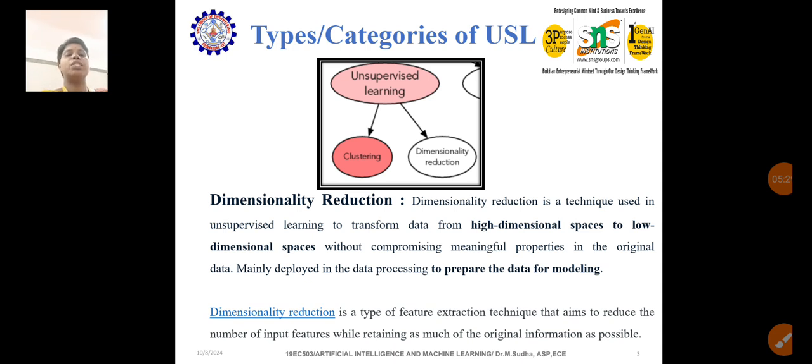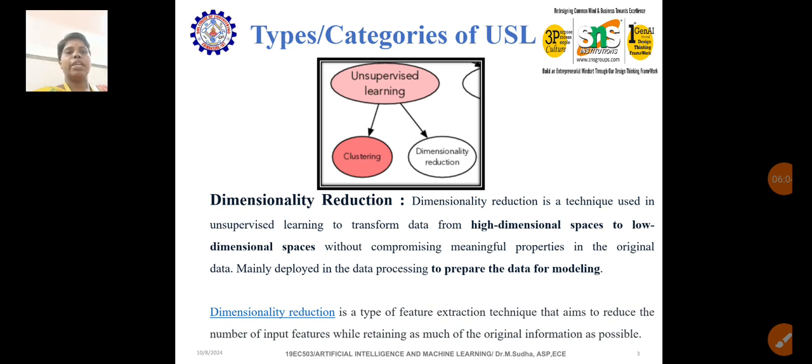Dimensionality reduction is also a type of feature extraction technique that aims to reduce the number of input features while retaining as much of the original information as possible. The concept is that the original data is not going to fade; without spoiling the originality, using machine learning algorithms we compress or reduce the size. That is called dimensionality reduction.